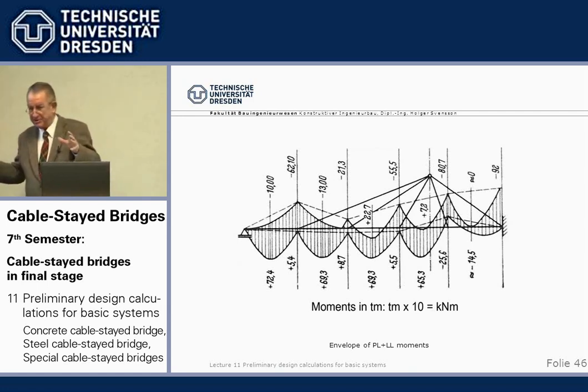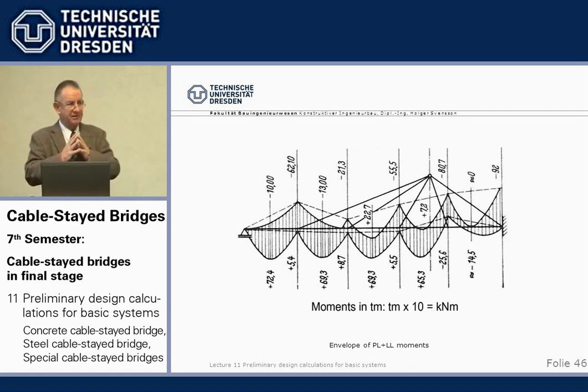For a steel bridge, we do not have the problem of creep of moments. So we go for the absolute minimum of steel quantity and choose a run of moments under permanent loads in such a way that in superposition with the live load moments, we have a minimum of steel required.